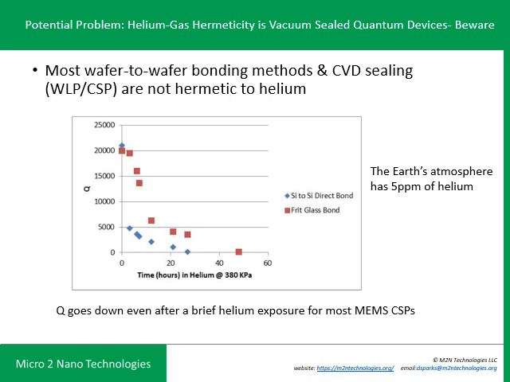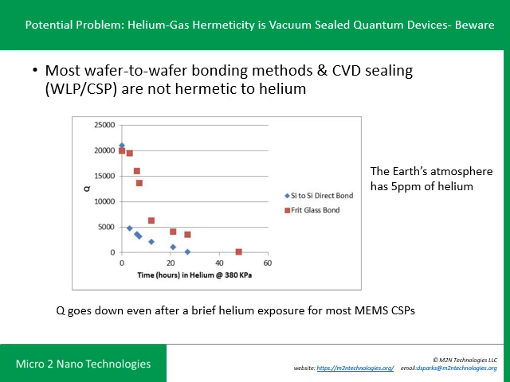We found that, whether it was silicon direct bond or glass frit bond, those seals would actually allow helium to permeate through the wafer-to-wafer bond on the chip scale package. I did a wide survey of commercially available devices and devices that I made in the lab, and a lot of techniques are permeable to helium.